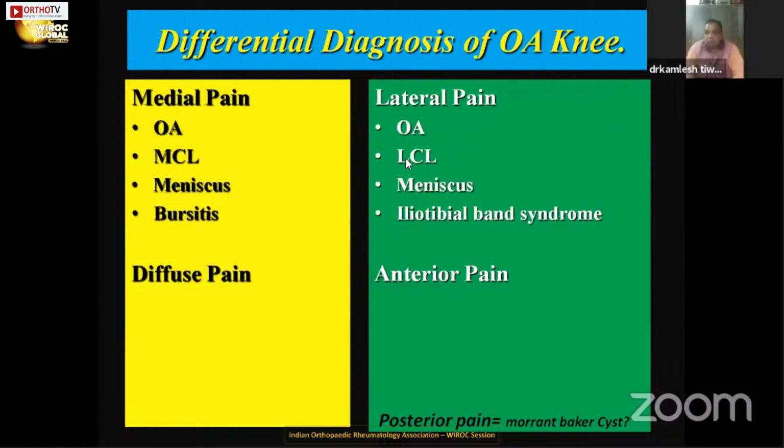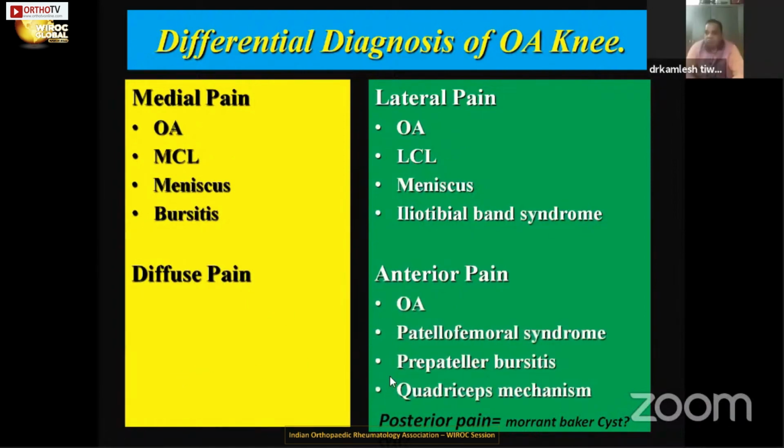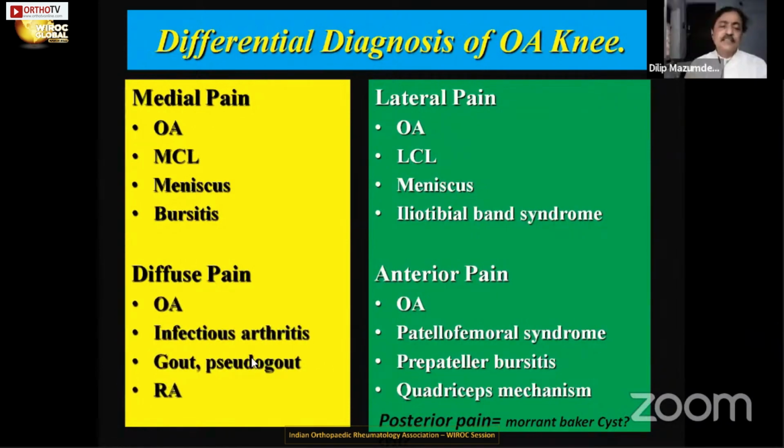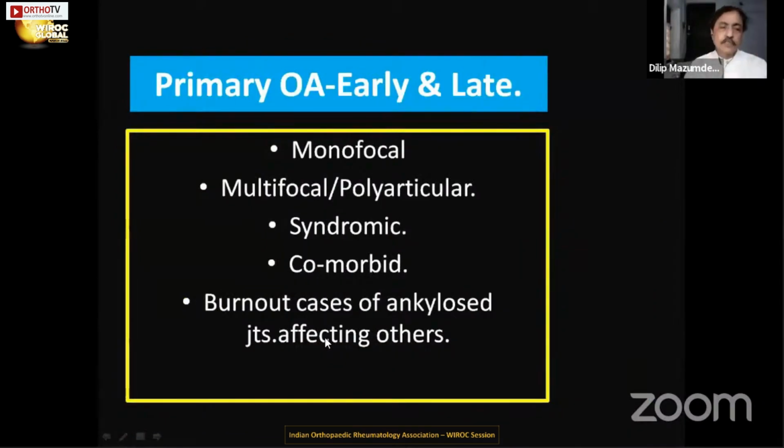In the lateral, there is the lateral collateral ligament, the meniscus and the iliotibial band. In anterior pain: osteoarthritis, patellofemoral syndrome, prepatellar bursitis and the quadriceps mechanism. And in diffuse pain there is infectious arthritis, gouty arthritis, pseudogouty arthritis, rheumatoid arthritis. This has got diffuse pain, not sharp pain, remember. And posterior pain is for the Baker's cyst, or osteoarthritis.